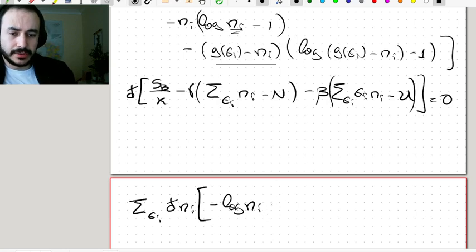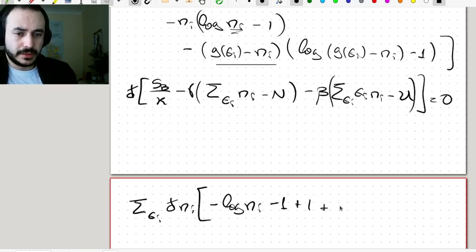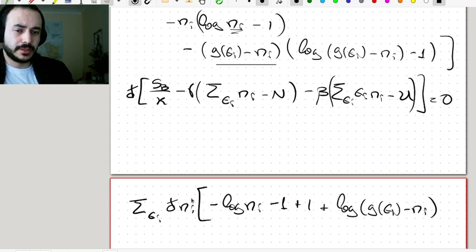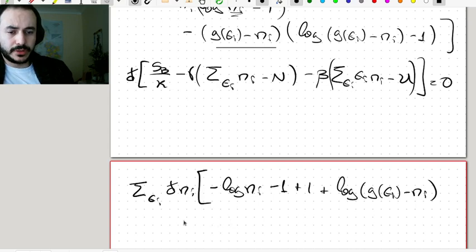We also get a -1 term that comes from the other derivative of the first term, a +1 that comes from here, and then plus the logarithm of g ei minus ni that comes from this term, multiplying that. But we also get another -1 from here and another -1 from there.